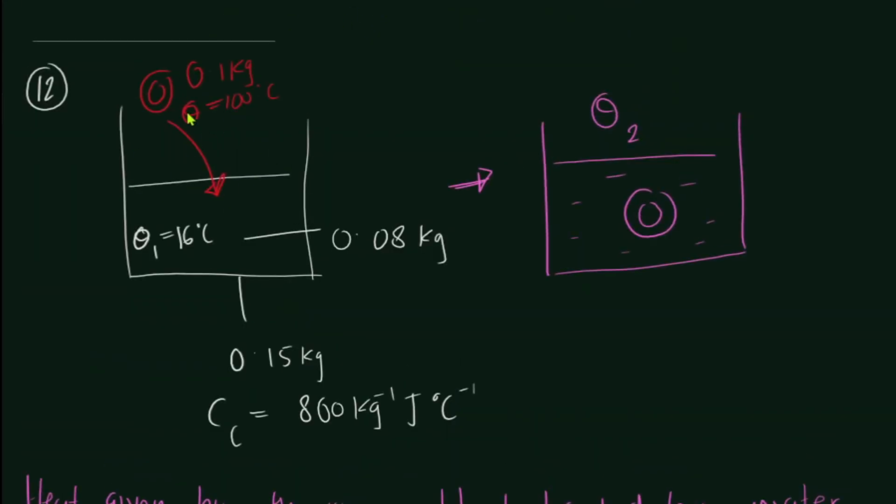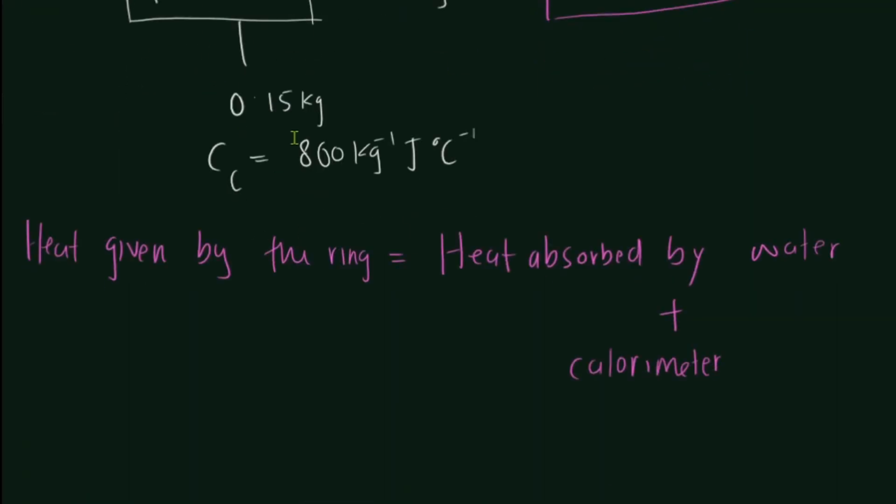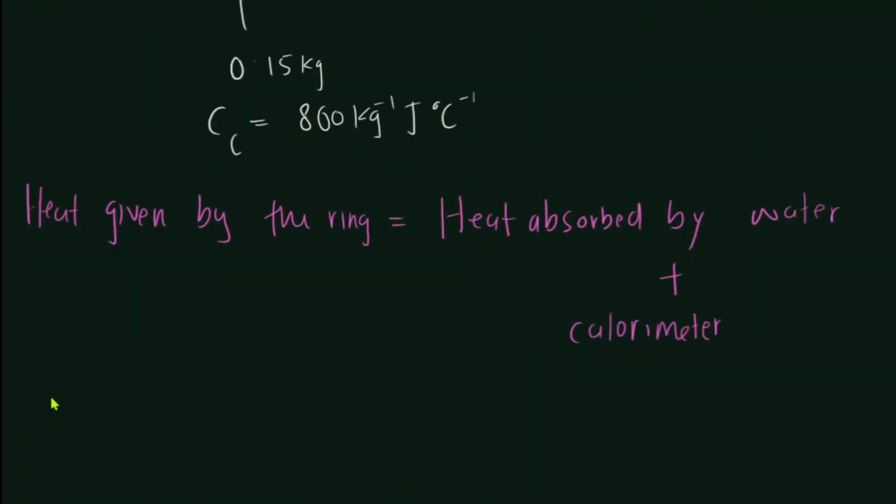The mass of the ring is 0.1 kg. It was initially at 100 degrees Celsius, and after releasing heat it reached theta 2. The specific heat capacity of the ring is given as 400. Its temperature decreased from 100 to theta 2.